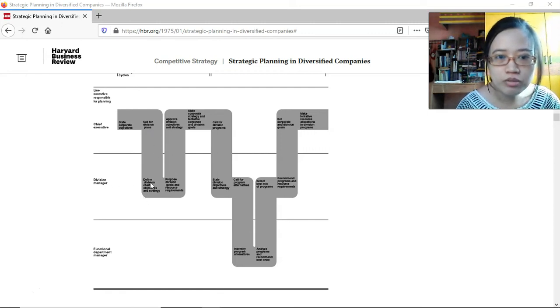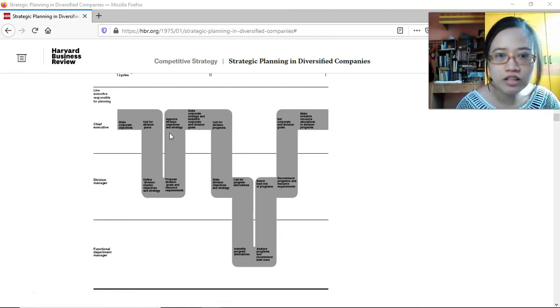Tapos ito namang division manager, or mga different divisions, they define division charter, objectives, tapos strategies, and after doing so, they propose division goals and resource requirements. Ito yung mahalaga, resource requirements. Okay? Tapos, sasubmit niya sa top management.